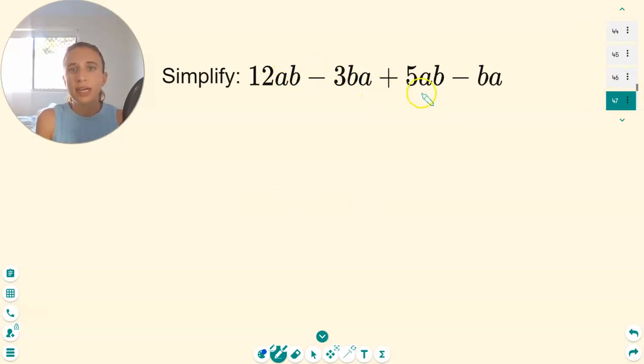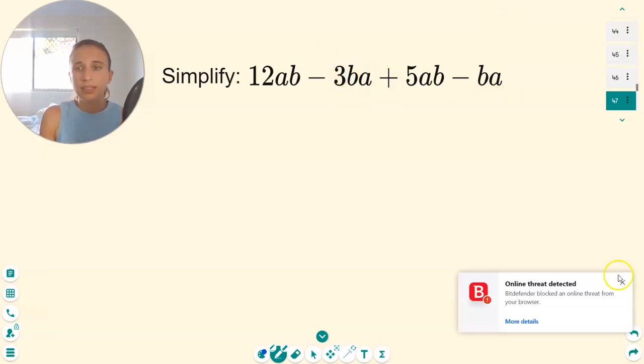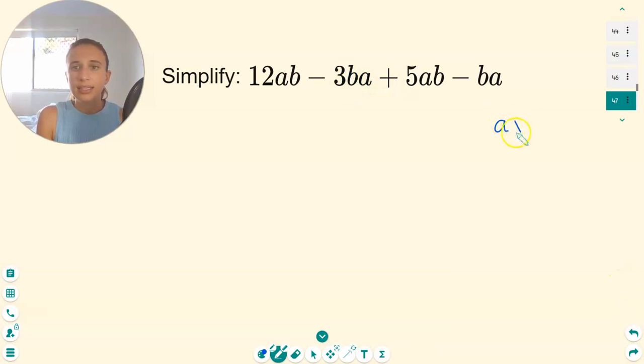12ab take 3ba plus 5ab take ba. What's going on here? Now, something to remember is that a times b is the same as b times a. The order doesn't matter.